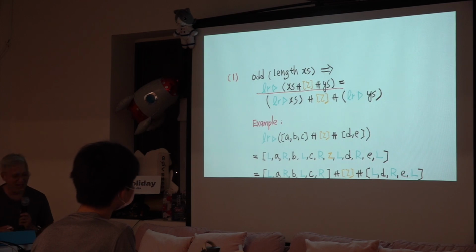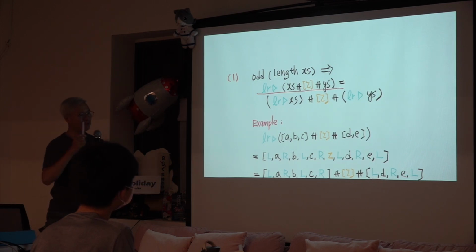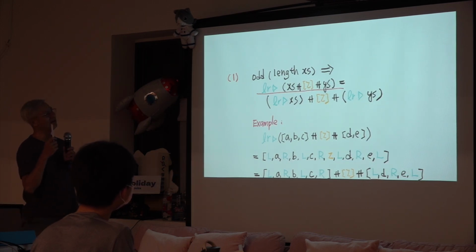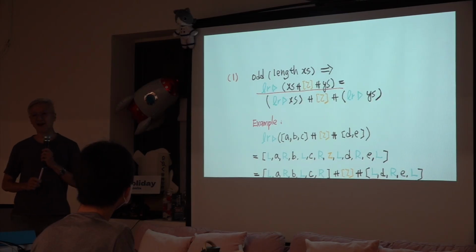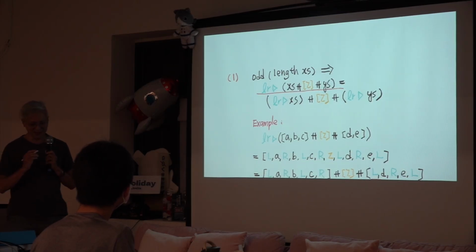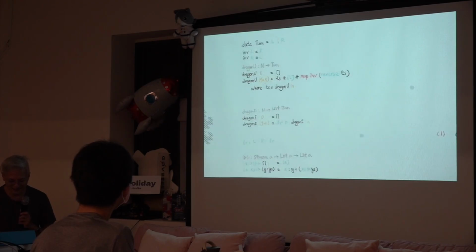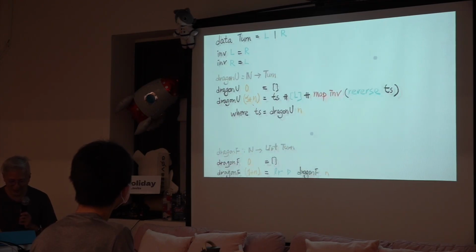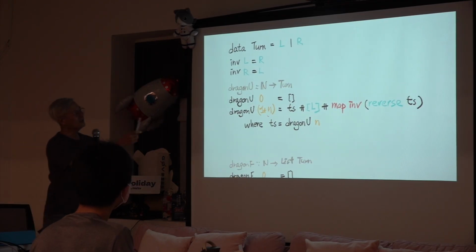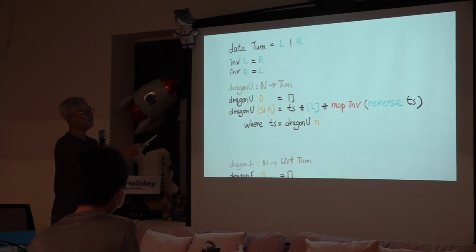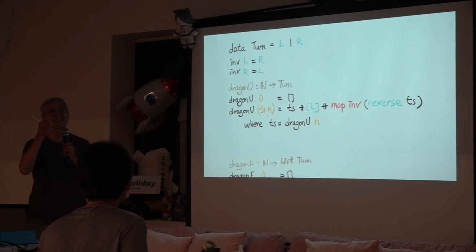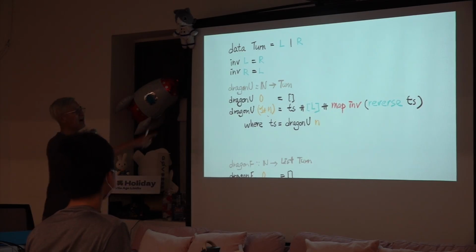Okay, this property applies only when axis has an odd length. But luckily, the dragon curve always has an odd length apart from the base case.